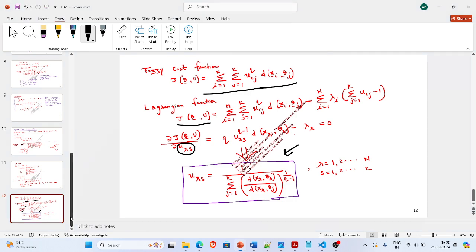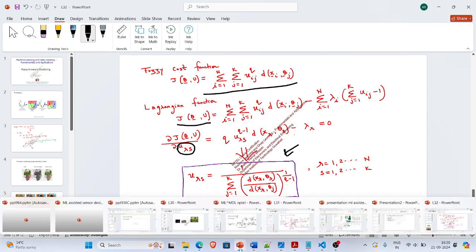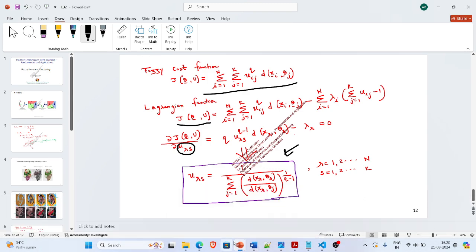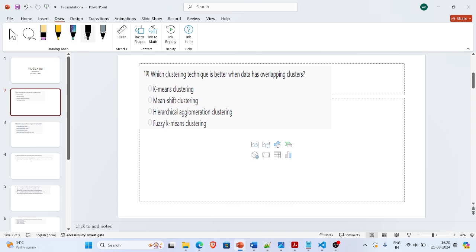So this part we have got. Now let's look at some questions around this. This is one of the fuzzy k-means clustering problems. Which clustering technique is better when there is overlap between clusters?